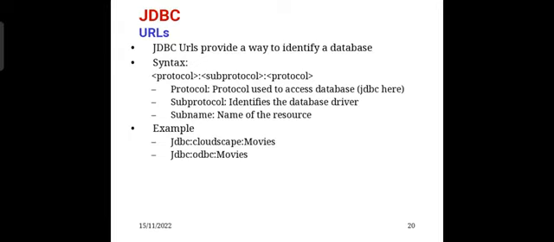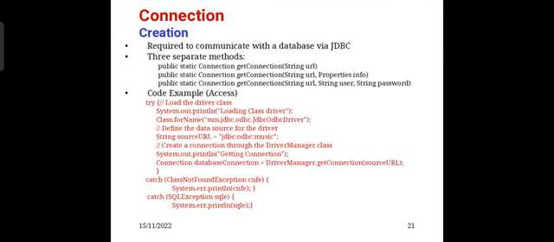We have to specify the protocol, which is a set of rules and regulations, with the syntax of protocol, sub-protocol and sub-name. The protocol is the access database, the sub-protocol is the database driver, and under that we write the sub-name of the resource we are going to access.